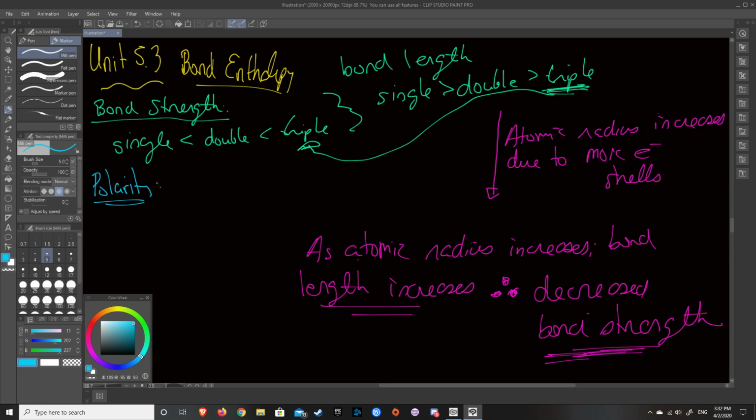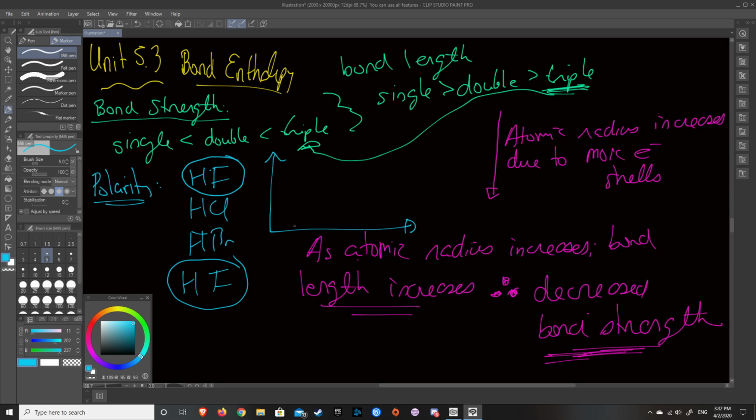Polarity. So again, we said HF, HCl, HBr, and HI. We know that hydrofluoric acid is more polar than hydroiodic acid. We talked about the trend in electronegativity.